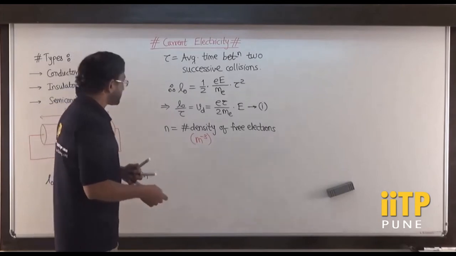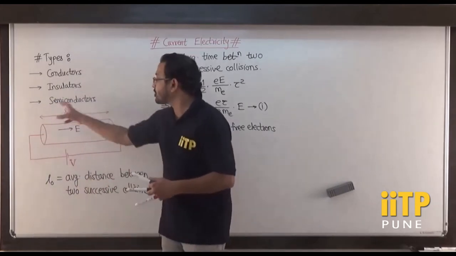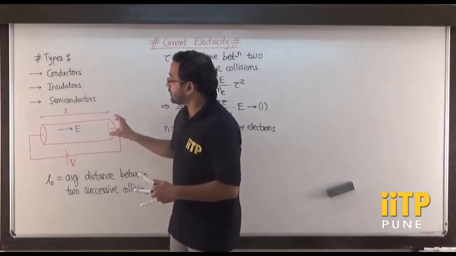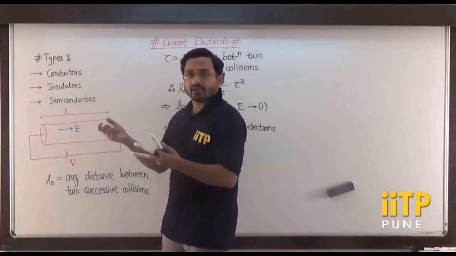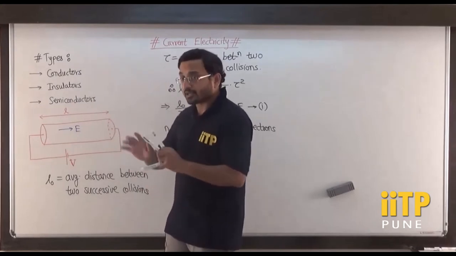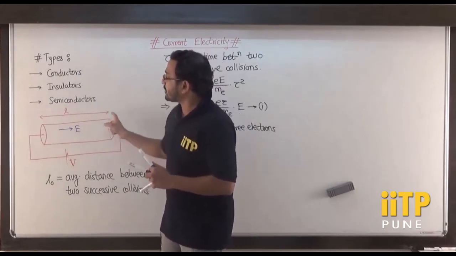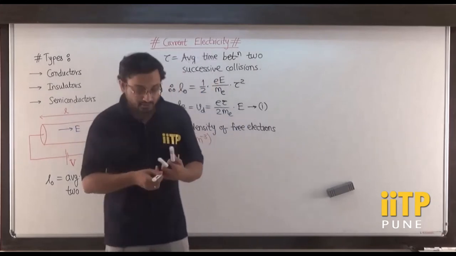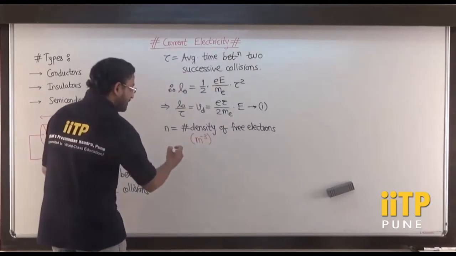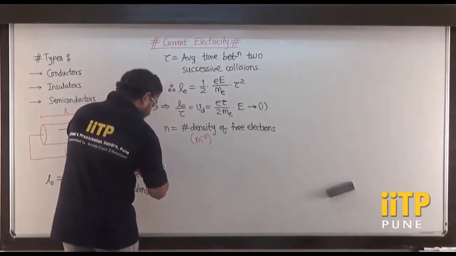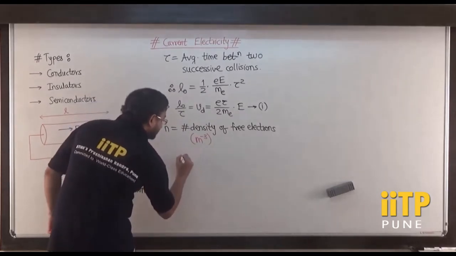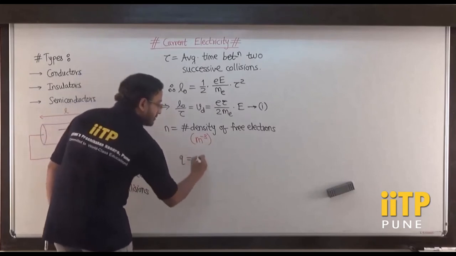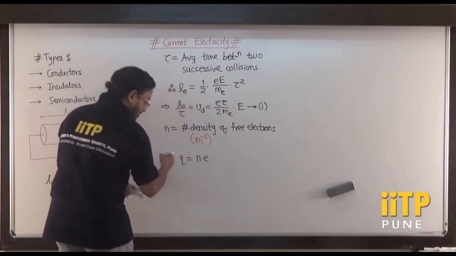And then suppose there is a charge Q in this conductor. So there is total charge Q in this. When I say charge, of course I mean only the free electrons. So imagine that the total free charge in this conductor is Q. Then this total charge Q can be written as the number density multiplied by the charge on each particle.